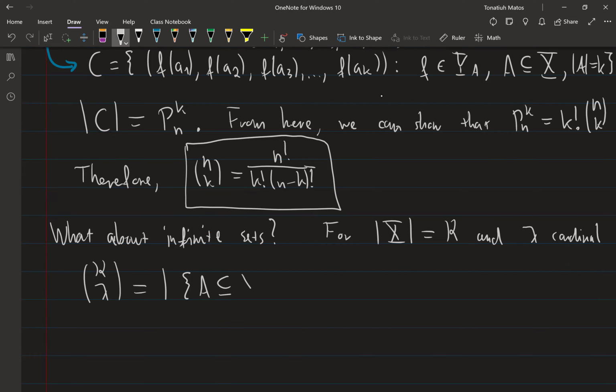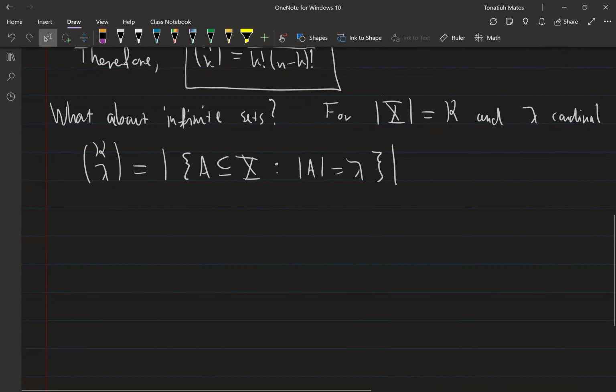You take all subsets of your set X that have size lambda for some fixed lambda. Could be finite, could be infinite. You could be comparing this with any other set. And then you take that collection and you just count how many elements it has. This makes perfect sense for cardinals. The question is, how does this help us?